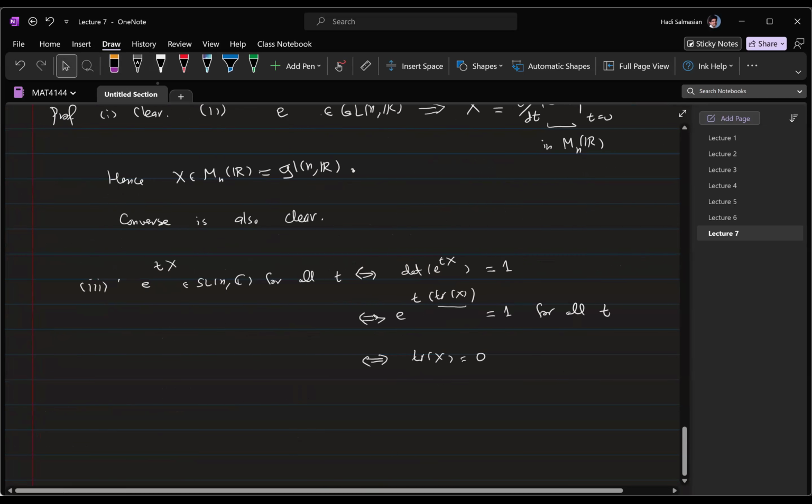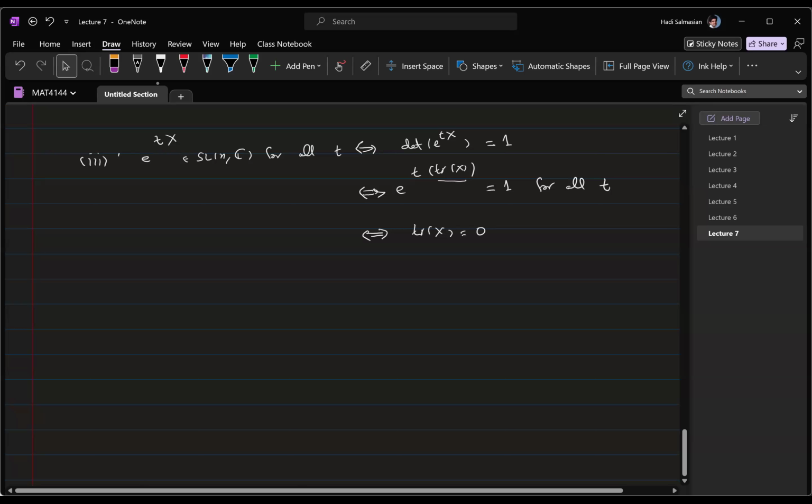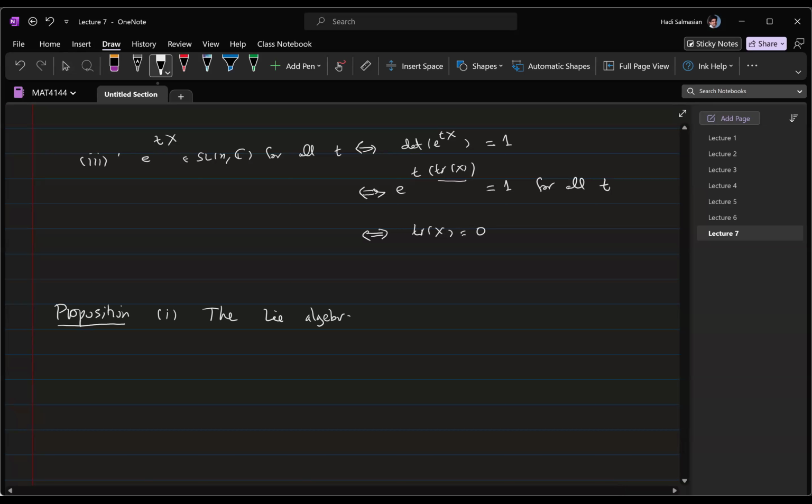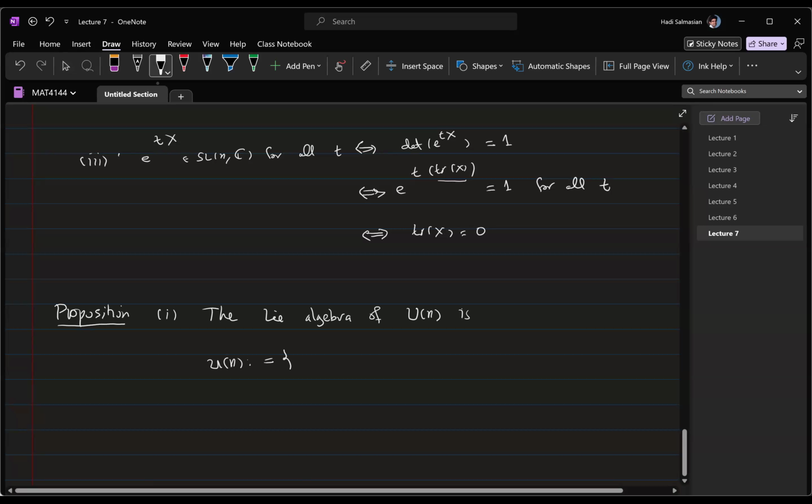Let's now think about these groups of isometries. Here's the next proposition, which describes the Lie algebras of these groups. The first part, let's think about the unitary group UN. The Lie algebra of the group UN is UN, which is the set of elements in GLNC with the property that X plus X star equals 0.